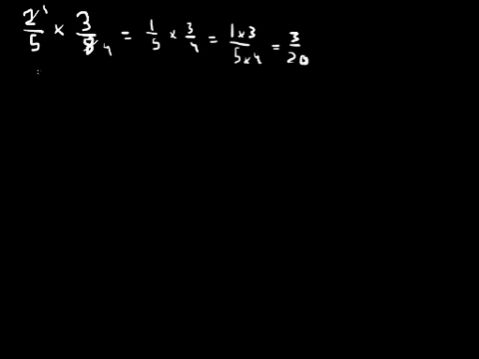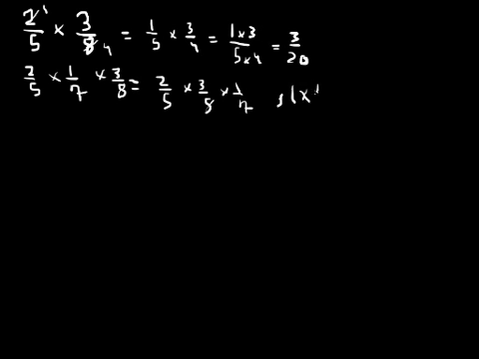So why can you do that? It doesn't matter if it was 2 over 5 times 1 over 7 times 3 over 8. They can be away from each other by another fraction. It doesn't really matter, because nothing really changed. You're still multiplying. So like if you had 1 times 7 times 9, that's the same as if you switch the order.